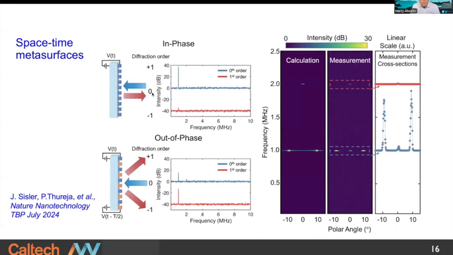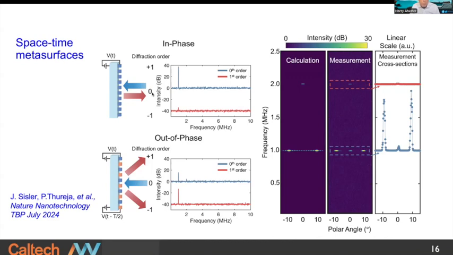So now we can go further and we can drive our diffractive elements in phase, in which case the beam is scattered specularly at normal incidence, and we produce one beam at 1 megahertz. We can also now adjust the driving electrodes to be driven out of phase at 1 megahertz. And now we produce a beam only or primarily in the first order.